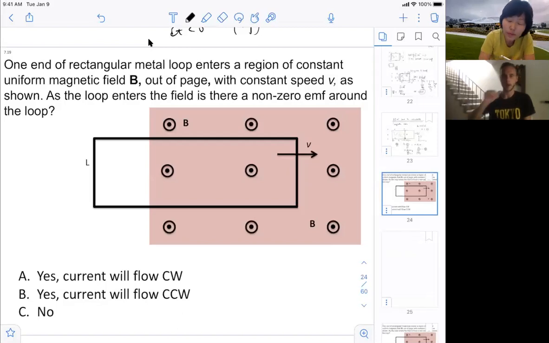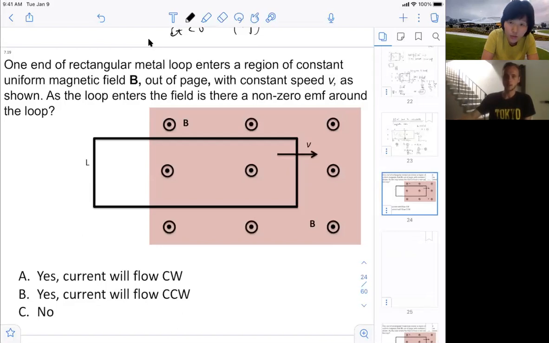Since we know that our B field is pointing out of the page, the induced B field has to be in the opposite direction, which in this case would be clockwise, so that your B field is moving against your B field coming out of the page.